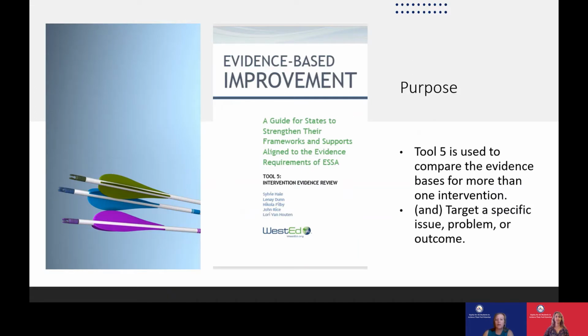For today's video, we ask that you have tool 5 accessible and ready to go. You will pause this video periodically to complete each step of the tool. Your school, district, or charter is ready for tool 5 when you are interested in targeting a specific issue, problem, or outcome and want to compare the evidence basis for more than one intervention.